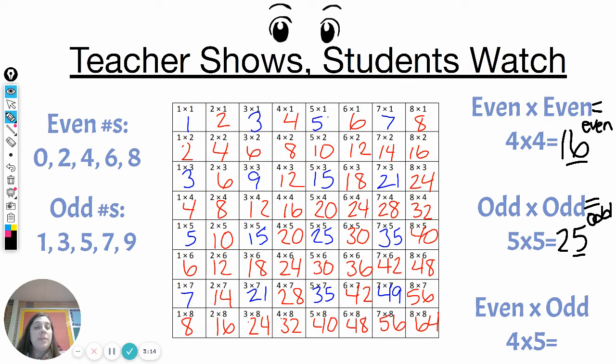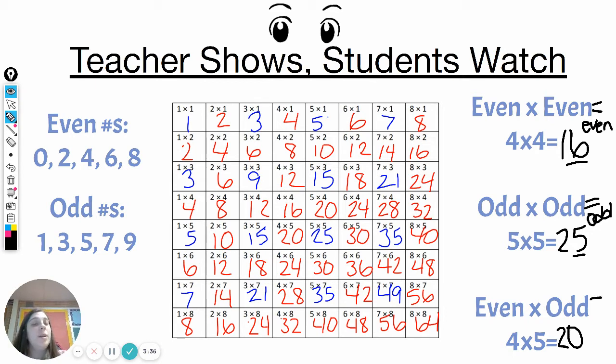Now let's look at what happens when we do an even number times an odd number. My example here is 4 times 5. I'm going to go down 4, over 5. Let's see, 4 times 5 is 20. 20 ends in a 0, so it's an even number.